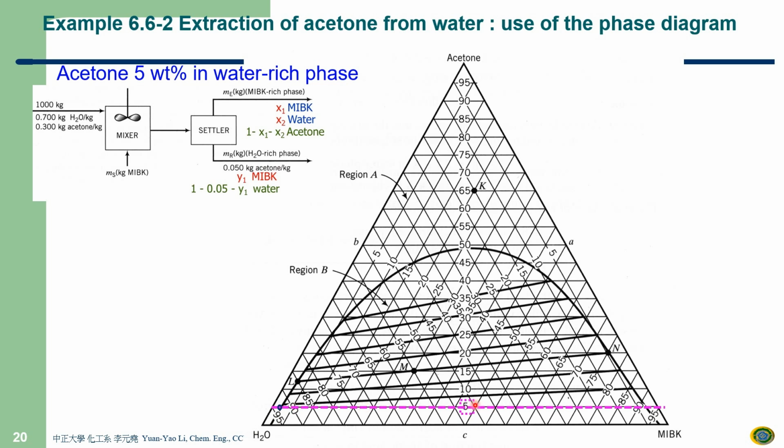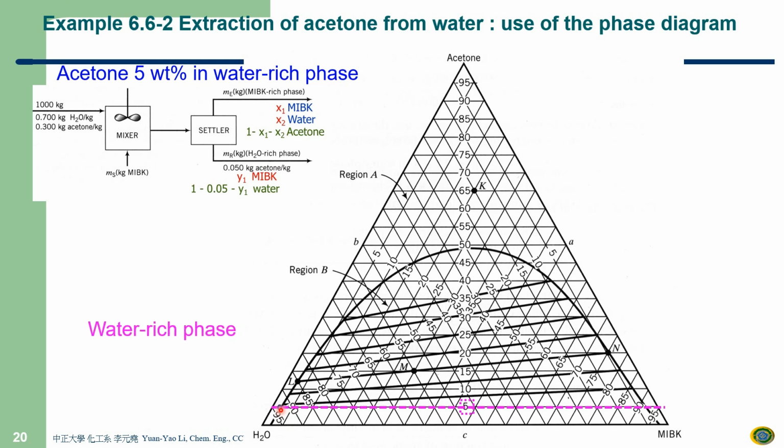So what are the mass fraction of MIBK and the mass fraction of water? Water is between 90 and 95, right? Let's say 93, for example. Acetone is 5. How about MIBK? MIBK is between 0 and 5. So with water at 93, let's say 2, because all of these together need to be 100.